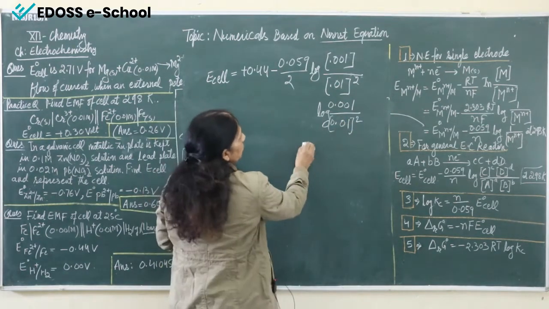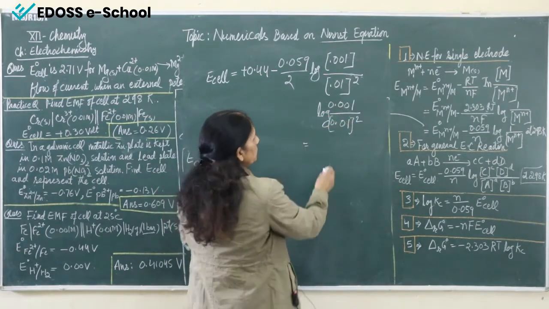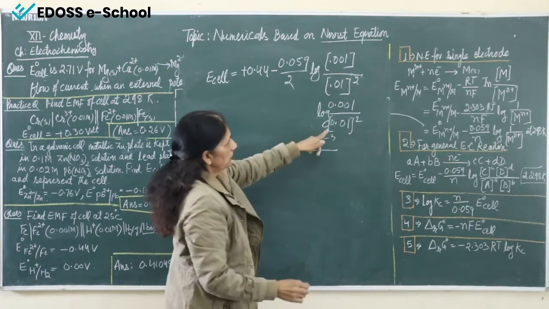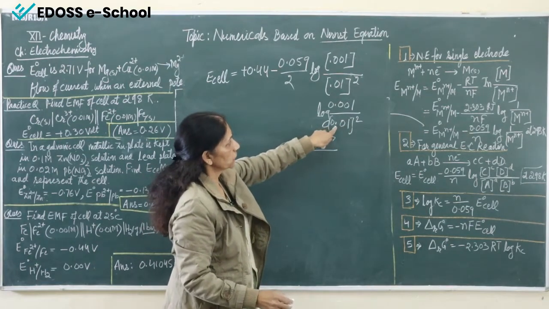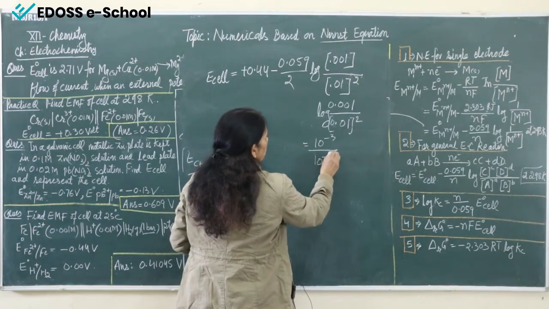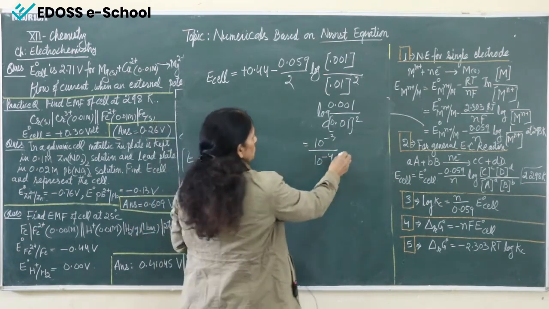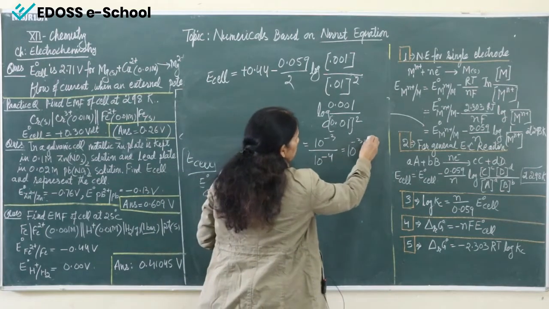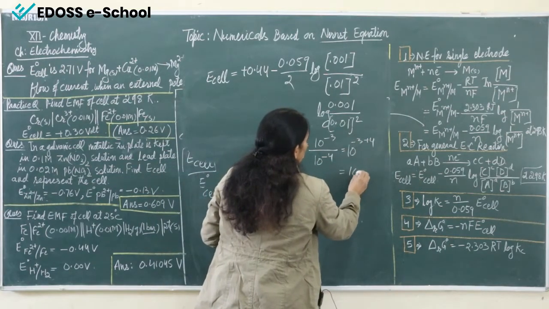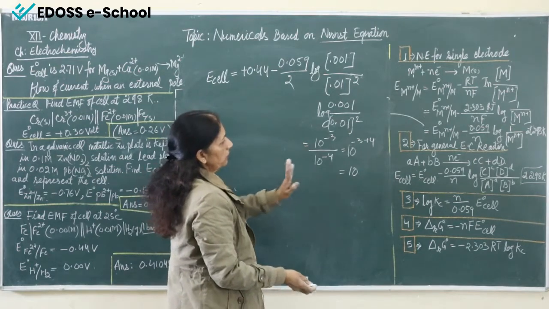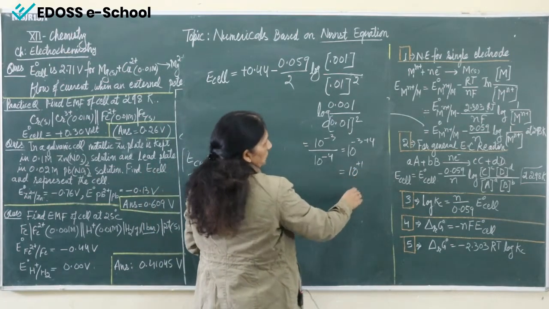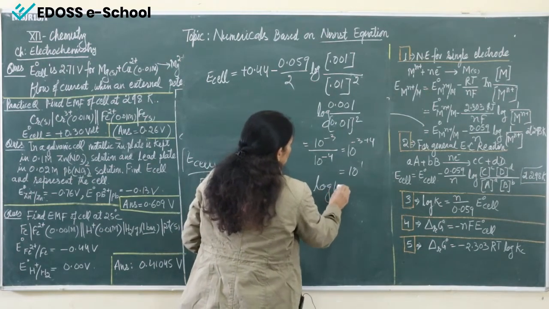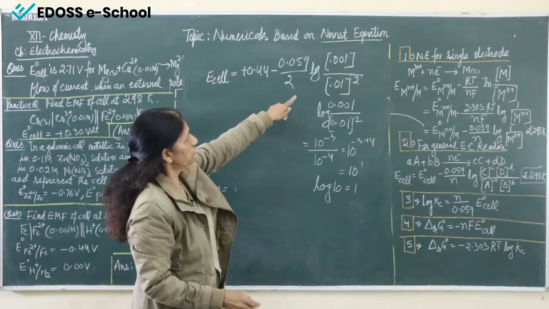So this will be equal to 0.001, we can say 10 raised to power minus 3, and because this is the square, this will be 10 raised to power minus 4, which goes up, so it will be plus 4. So this is equal to 10 raised to power 1, and we know that log 10 is equal to 1. So here we will put the value 1.